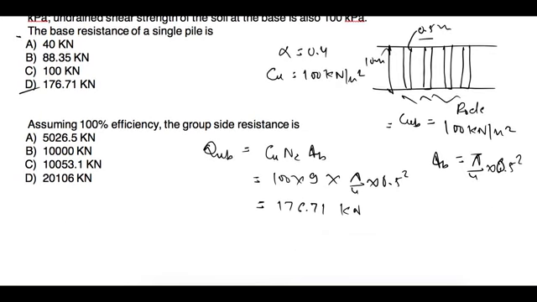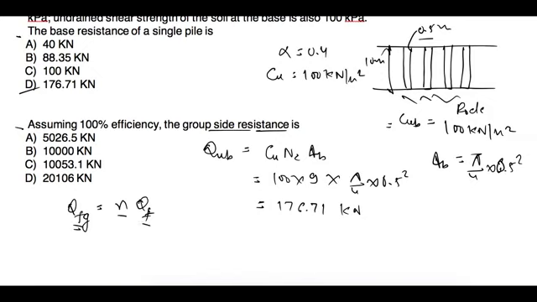After that, next one is assuming 100% efficiency, the group side resistance. So let's calculate first the side resistance for a single pile, and because 100% efficiency is there, so N into Qf, that is, let's say Qfg is the skin friction for the pile group and Qf is the skin friction for a single pile.